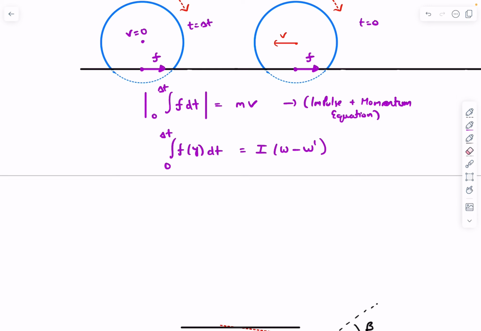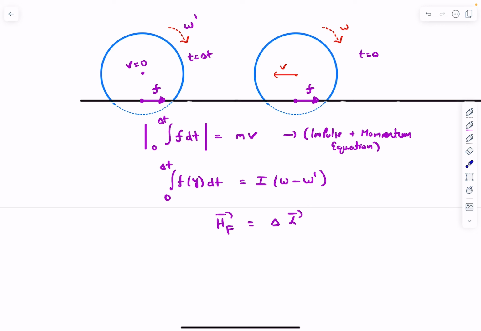If you want to write the vector equation, the angular impulse of friction will be equal to the change in angular momentum. So the change in L vector will be I times omega dash minus omega, with everything carrying signs. Or, I know that the friction will actually reduce omega, so omega dash is less than omega, and I wrote omega minus omega dash.